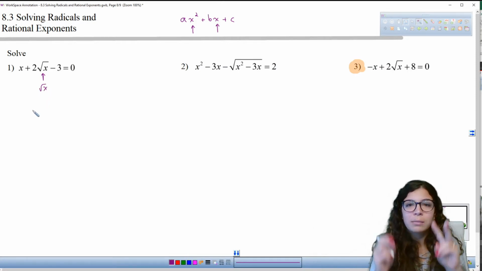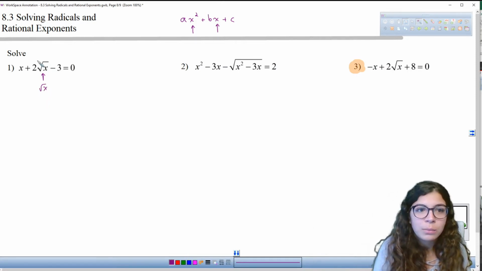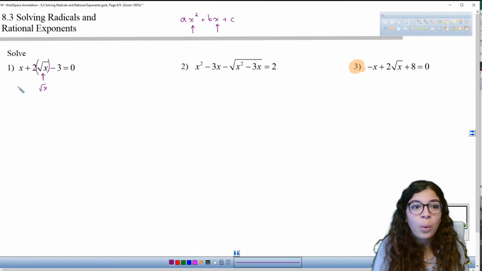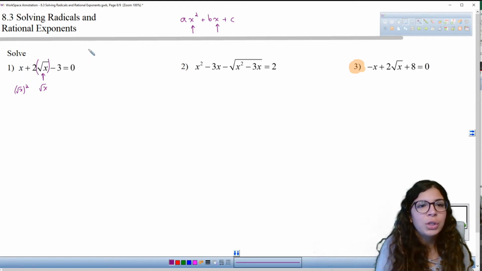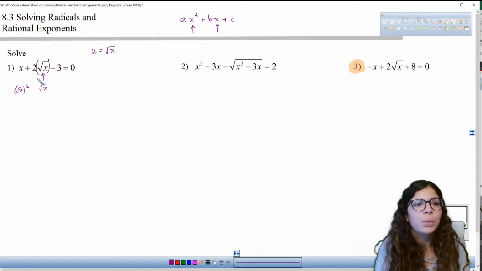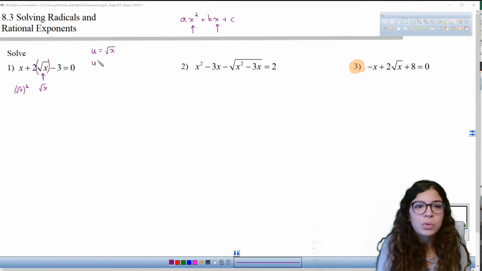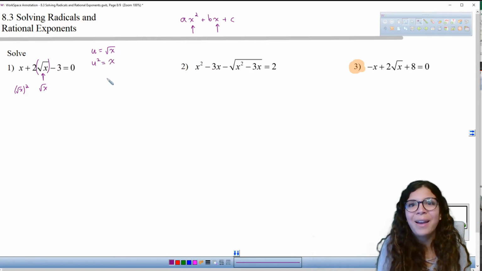So that value, squared, would be x. So you could actually just replace, let's say u is the square root of x. And so if u is the square root of x, then u squared would be square root of x squared, which would just be x.